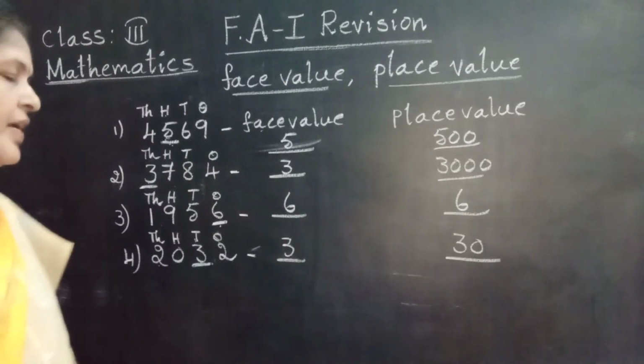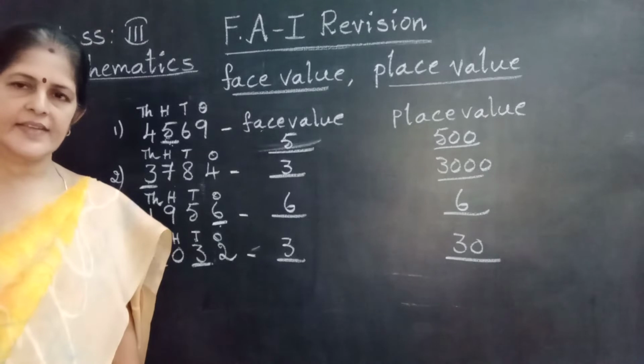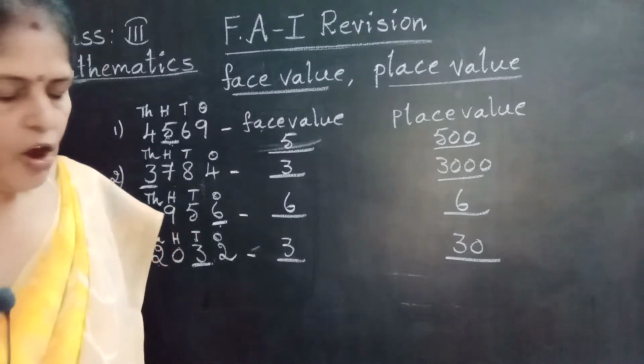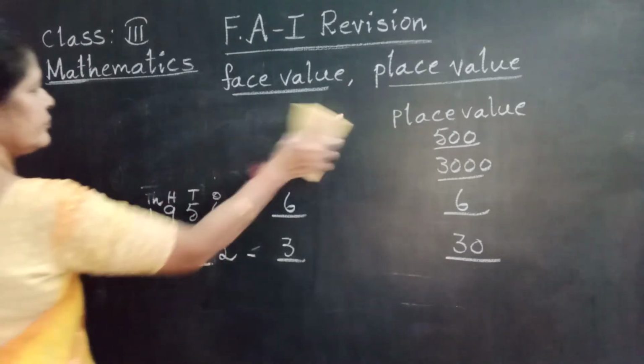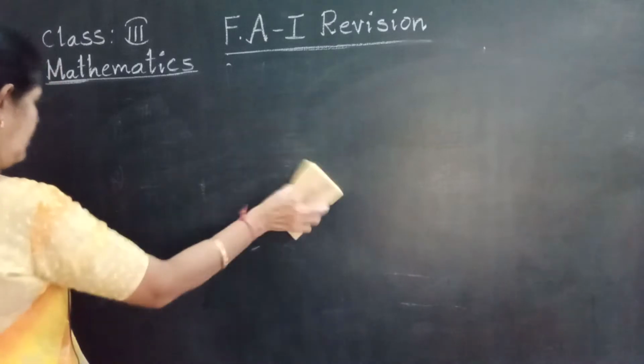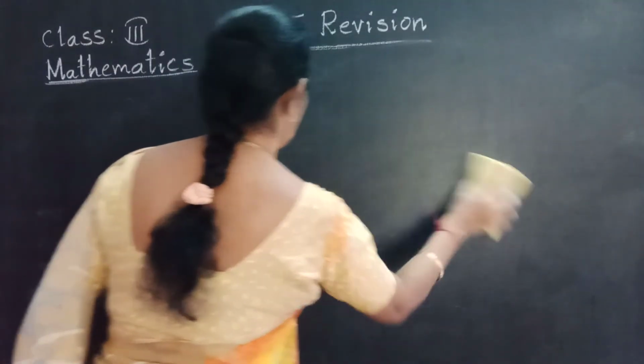Next one, successor, predecessor. Write the successor of, write the predecessor. Successor means after number. Predecessor means before number. Just after, just before.